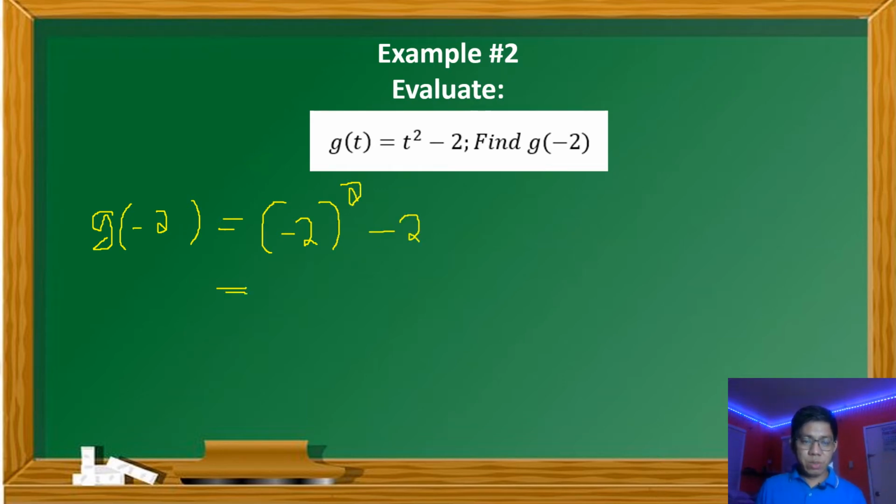Negative 2 squared is equal to 4, diba? Negative 2 times negative 2, positive 4 minus 2. So, 4 minus 2 is equal to 2. Therefore, the answer is positive 2.